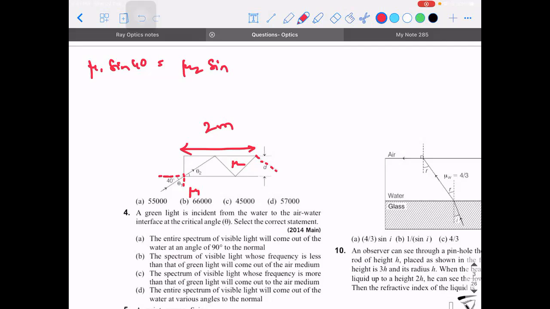It is theta 2 that will come, sir. This is the angle 90 minus theta 2. The question is about taking the normal. So mu1 into sin 40, see, this is an optical fiber.